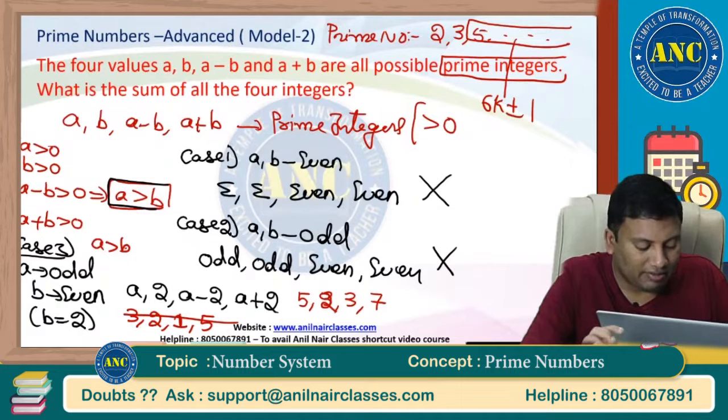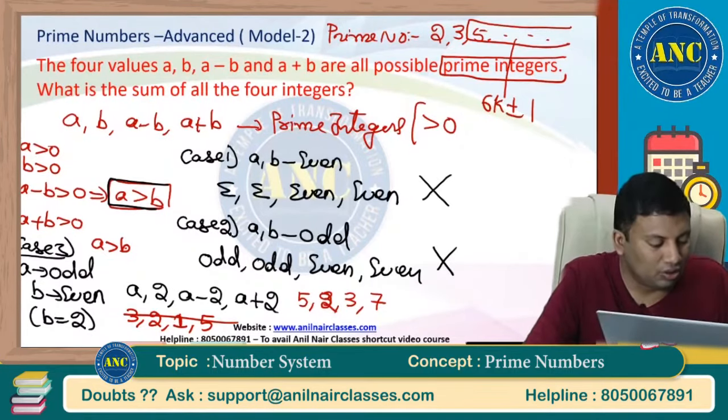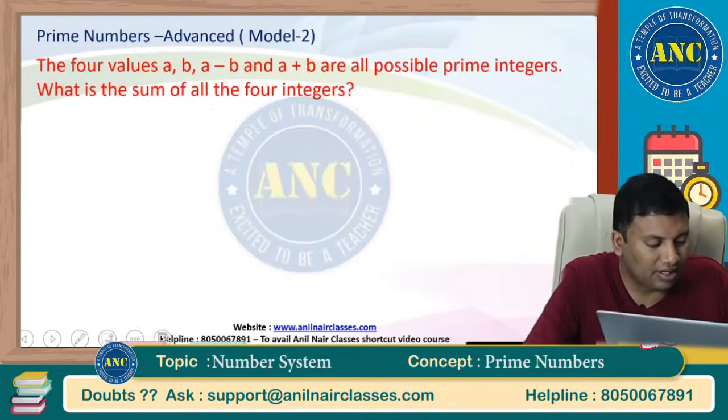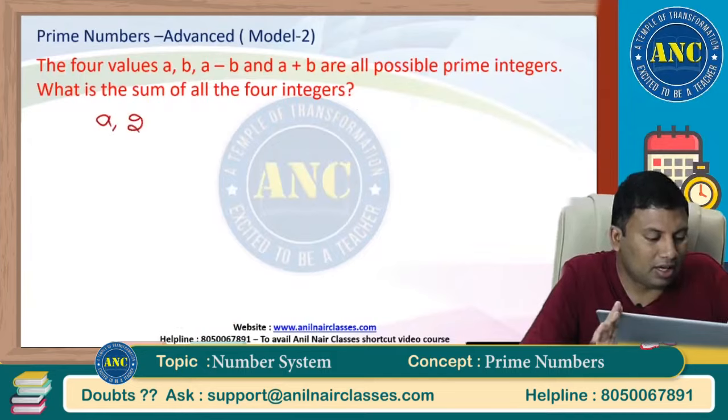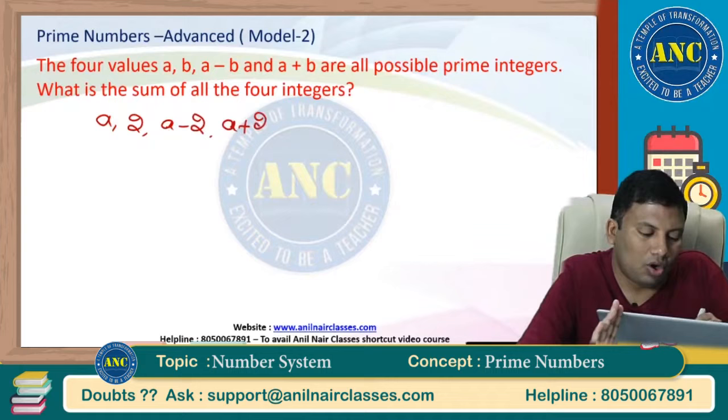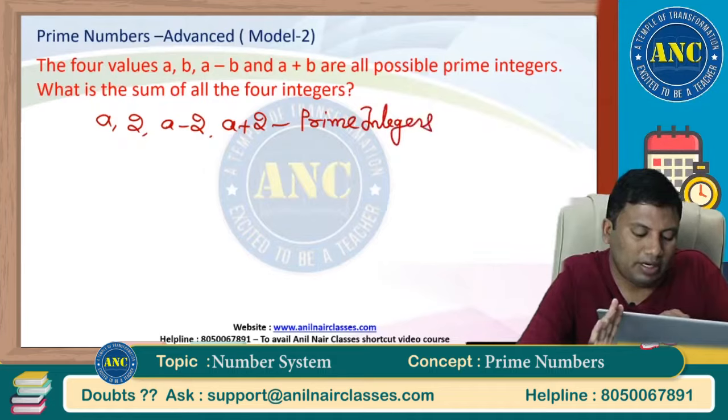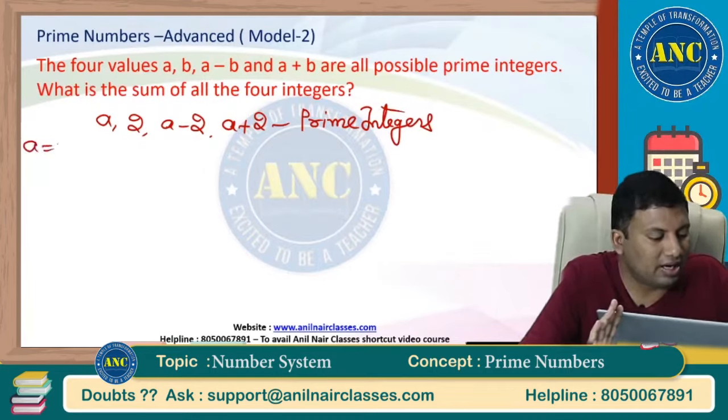Suppose you take 5, which is of the form 6 into 1 minus 1. Let me write it down here. A, 2, A minus 2 and A plus 2. All are prime integers. So we took A equal to 3: 3, 2, 3 minus 2, 3 plus 2.